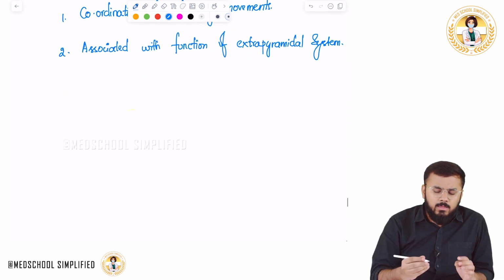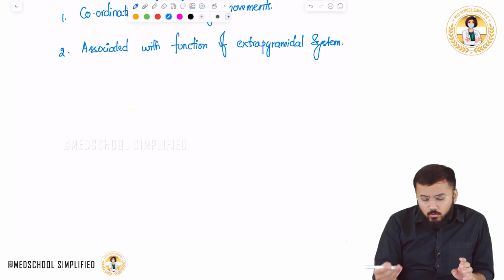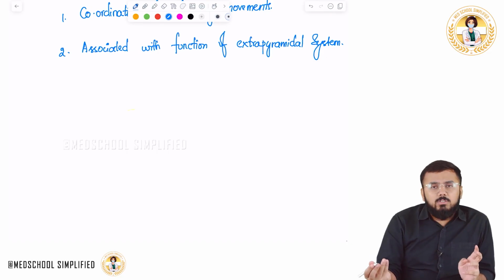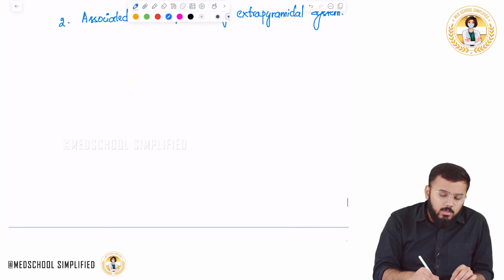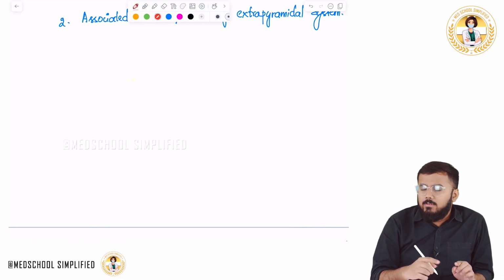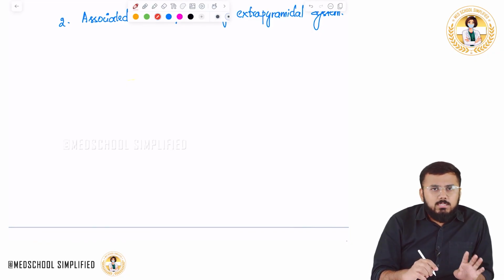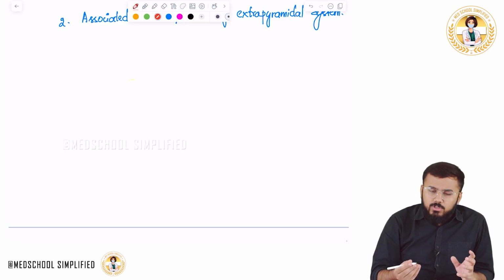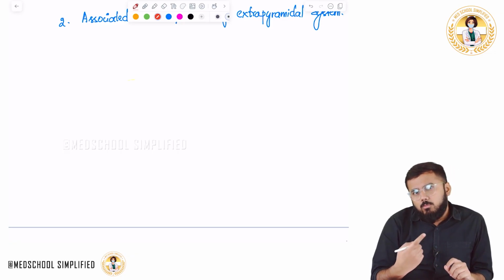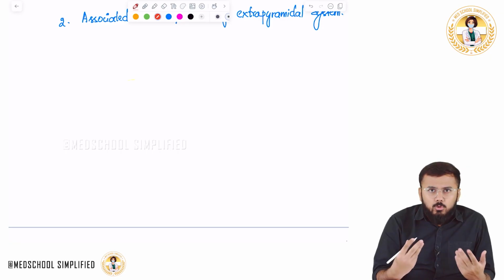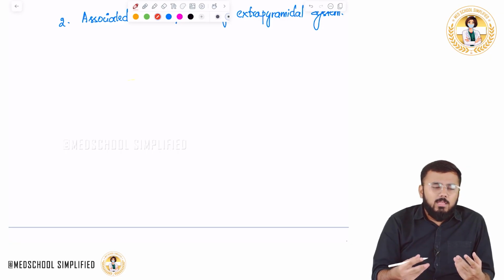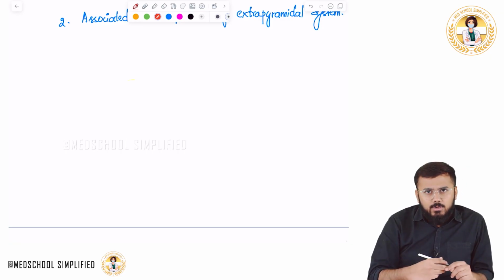What do you mean by extrapyramidal system, and what do you mean by associated with the functions of extrapyramidal system? First of all, you need to know that in all of us, we have a sensory system through which we receive the sensations. We even have a motor system with the help of which I am able to talk, walk, lift up objects, do my daily activities.